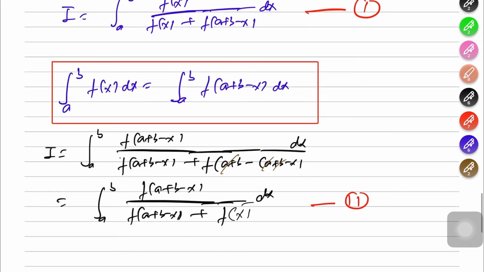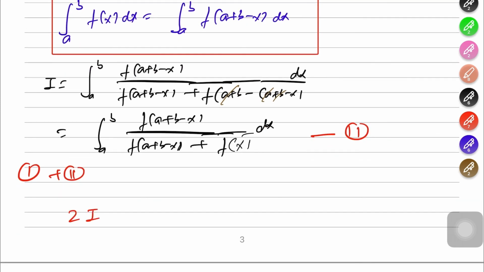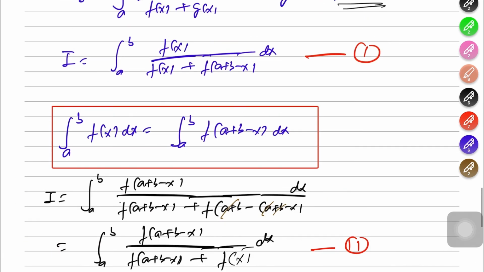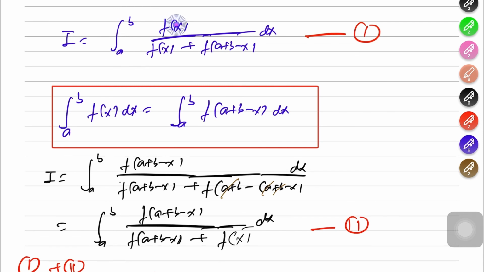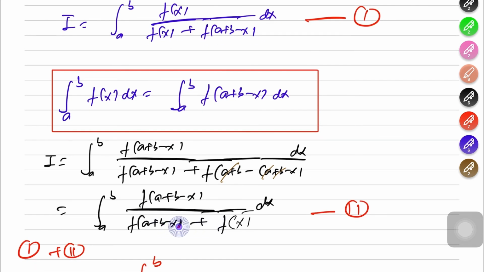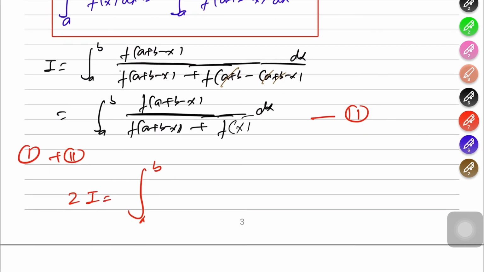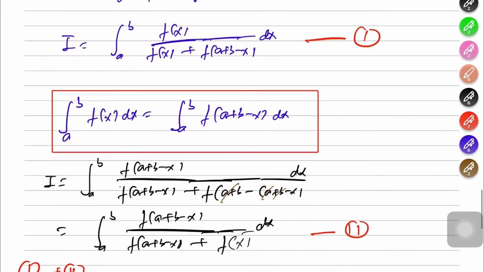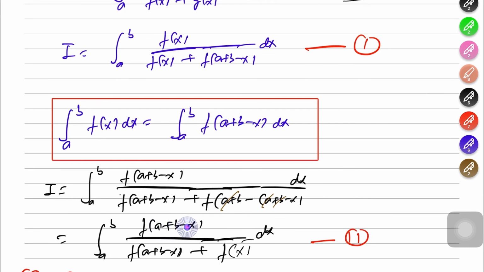And if I add both, adding 1 and 2, that becomes 2I is equal to the integral from a to b. We observe that in one case the numerator is f(x) and in the other the numerator is f of a plus b minus x, whereas the denominator is f(x) plus f of a plus b minus x. In the second equation also the numerator is different but the denominator is the same.